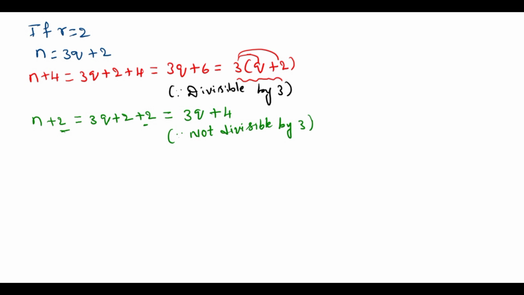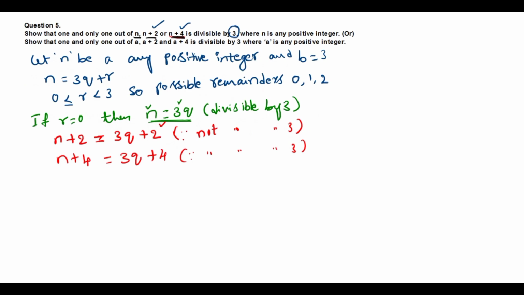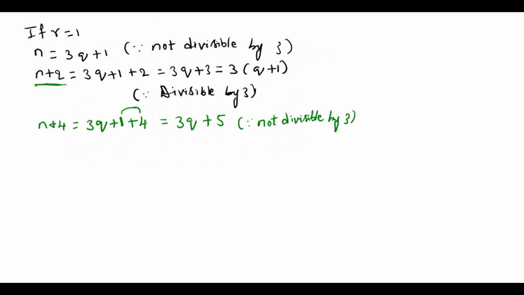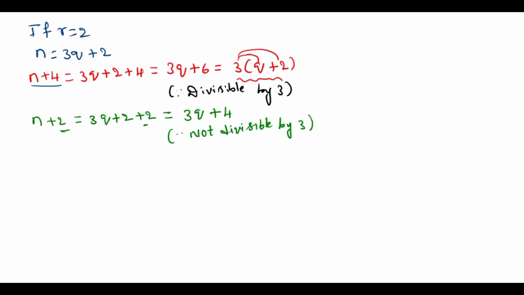So here the case that is divisible by 3 is n plus 4. Once we check the previous cases, in the first case n is divisible by 3. In the second case, n plus 2 is divisible by 3. In the third case, n plus 4 is divisible by 3. So what we conclude from this is one and only one.